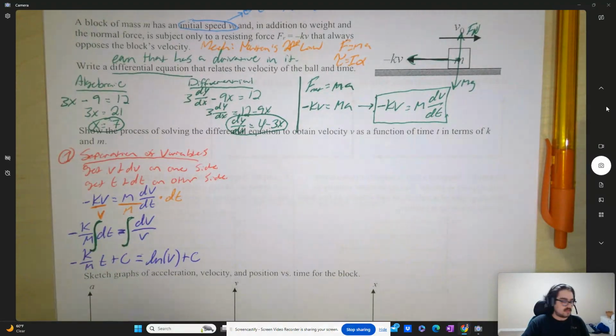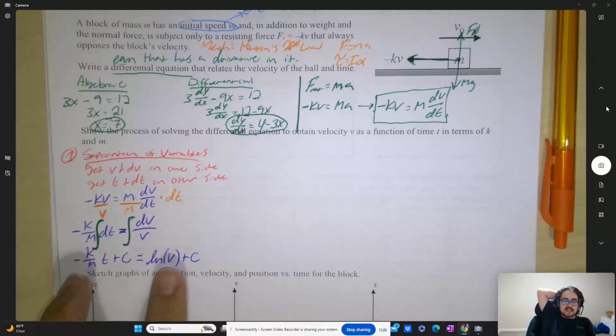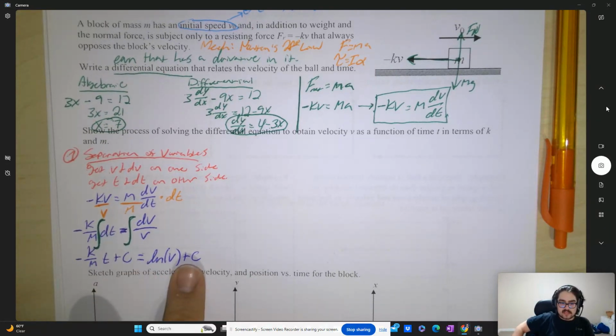Now I'm going to do something here that will probably make your math teacher flip, because these are two separate integrals. Those c's are not the same. The constant on the left-hand side is not the same as the constant on the right-hand side.